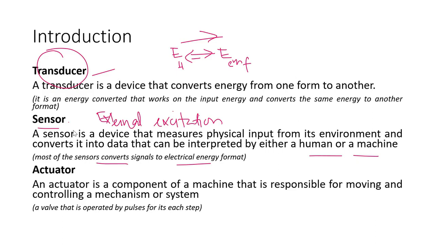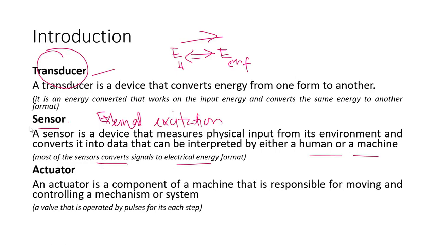It is just like the eye. The eye sees an image, but it does not copy the image into the brain. It just sends signals that something of these colors is present in front of me, so you decide whether it is a human or a color. Okay, so this is the difference between a transducer and a sensor.